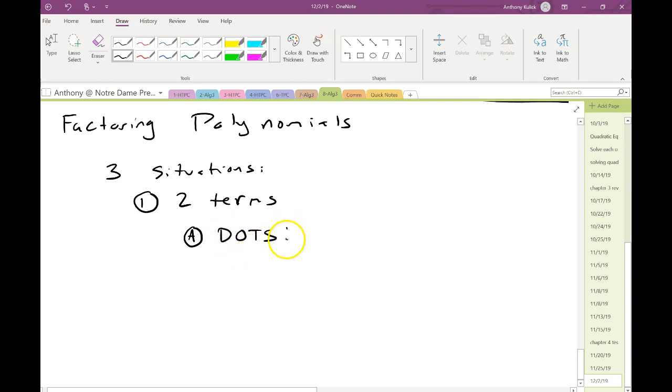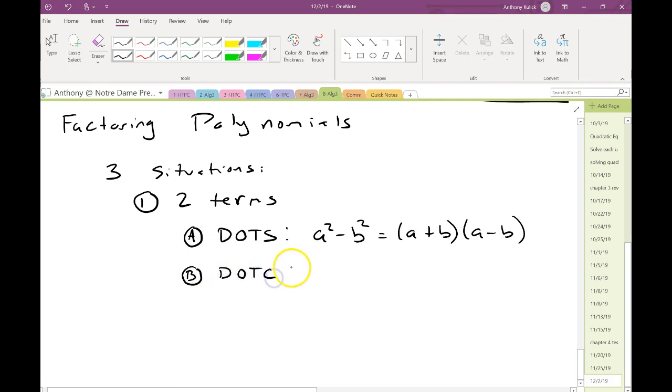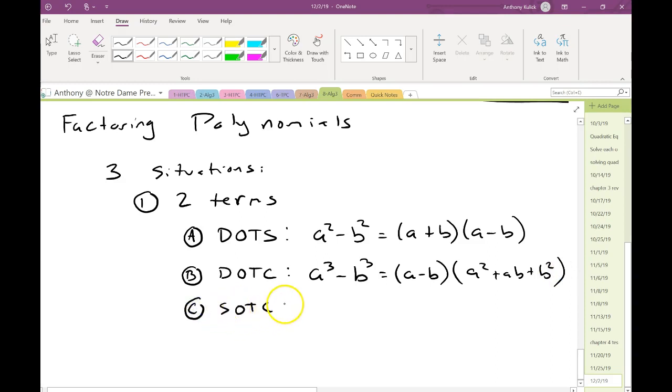There's the difference of two squares that we saw earlier when we talked about quadratics. There's a difference of two cubes, which is new. And there's a sum of two cubes, which is also new.